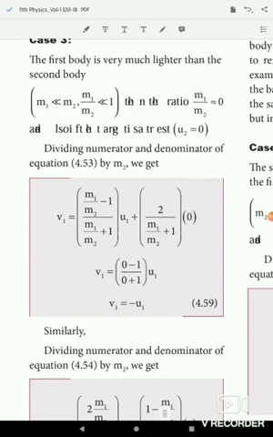So v1 = (m1/m2 − 1)/(m1/m2 + 1) into u1, and you get 0 − 1, since that term is 0, so v1 equals −u1.